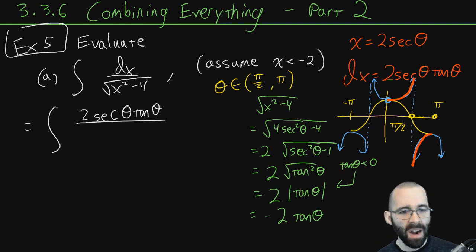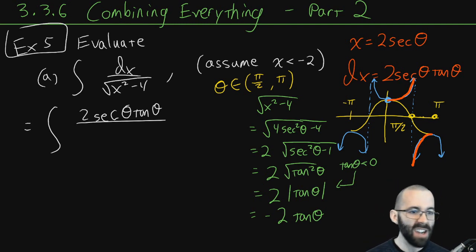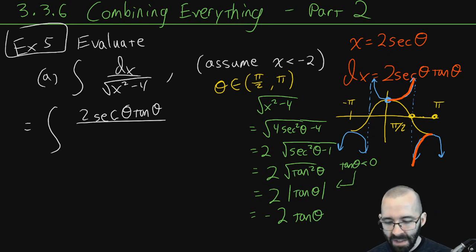If it were negative or positive, we'd have a problem. But because we know it's always negative in this quadrant, it's actually pretty nice. So negative is really not that much worse than positive. So that whole denominator just becomes -2 tangent.